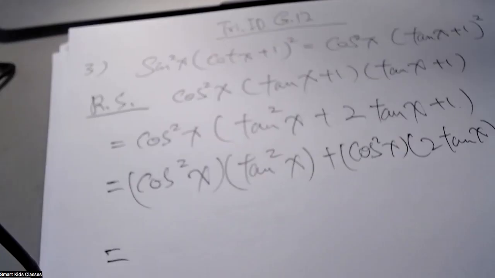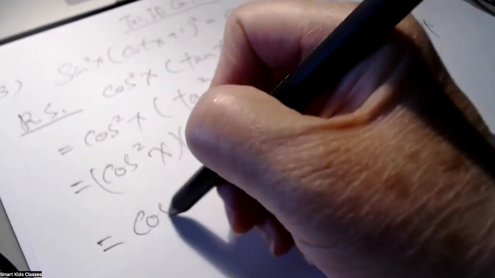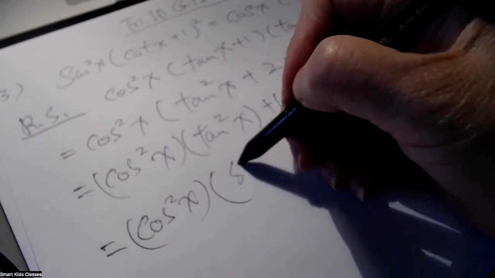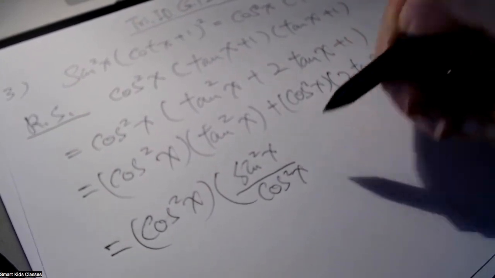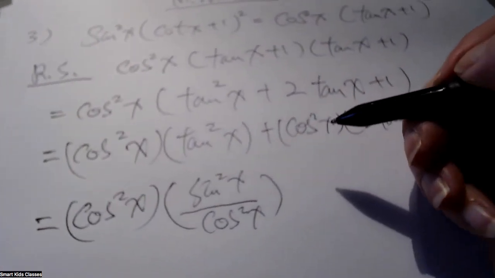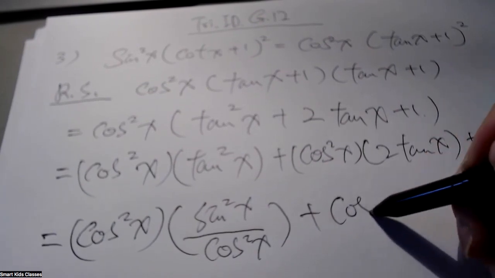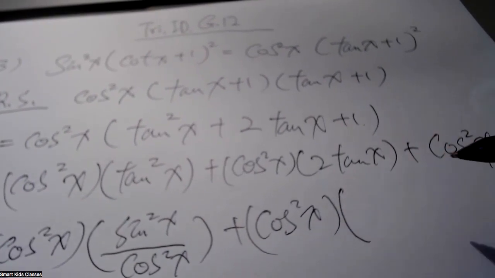Now we're going to write it as fractions to simplify. So tan square x is going to be sine square x over cosine square x. Now the next term, add cosine square x. Now, how about the 2?